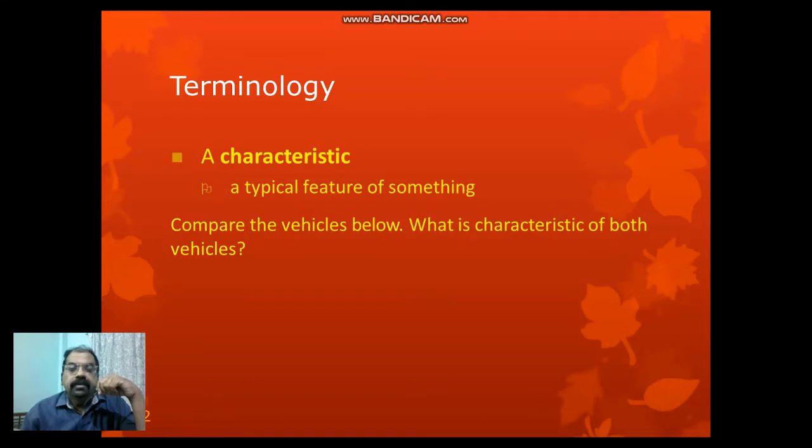We often use the term characteristics while going through the chapters, while studying some theory, you will come across these terms which it is very important to understand. The first one is a characteristic, means a typical feature of something.